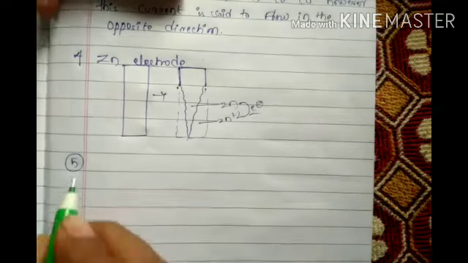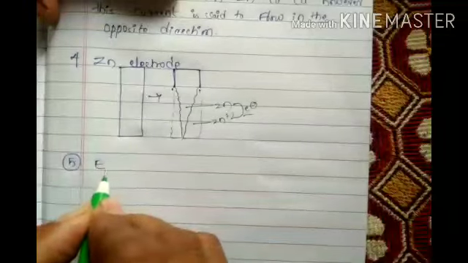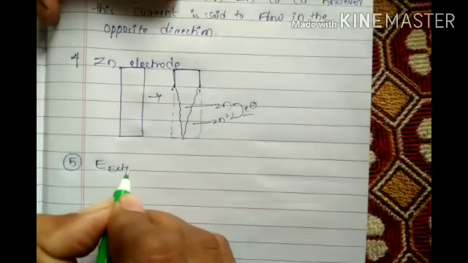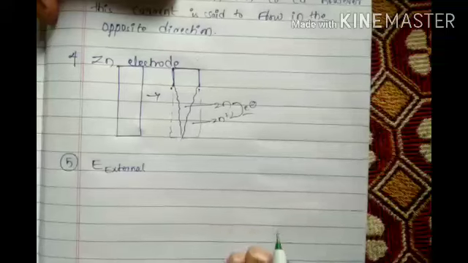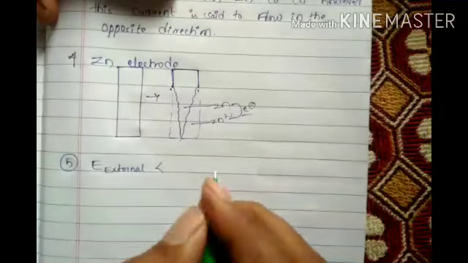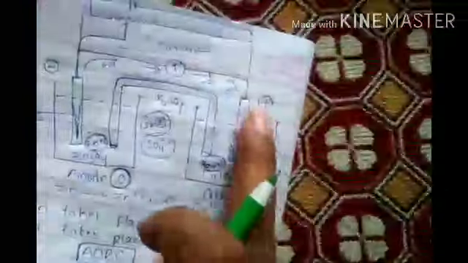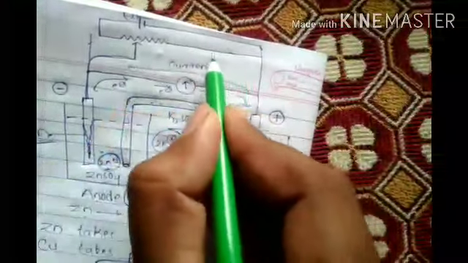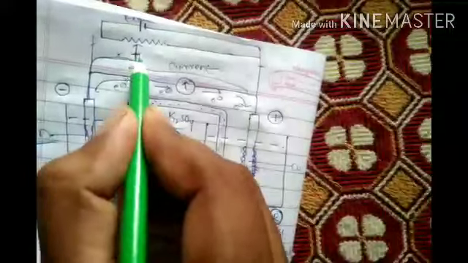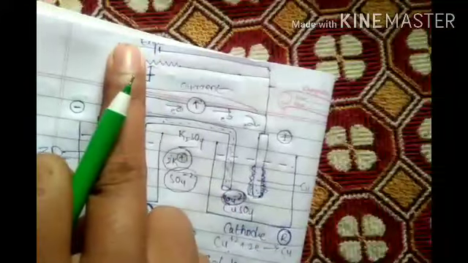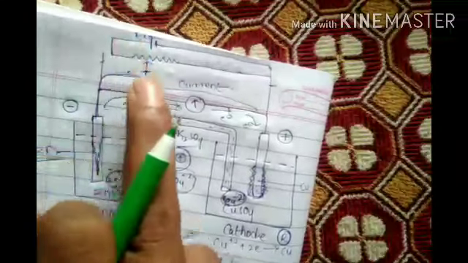For example, E external is less than E cell. Whatever is produced in the cell, from ear to ear downside, is called E cell. This is the external cell. External energy and E cell energy we have to compare.